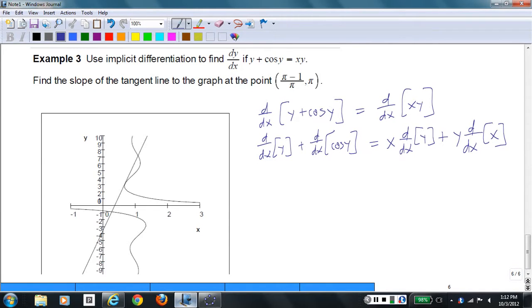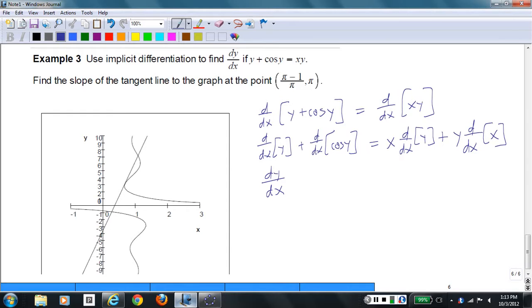So we take the derivatives. d/dx of y is simply the notation dy/dx, the derivative of y with respect to x. Or you might say it's 1 times dy/dx, but either way, that's what you get.